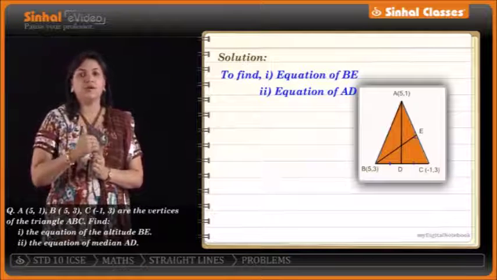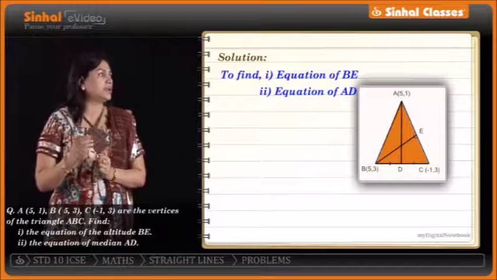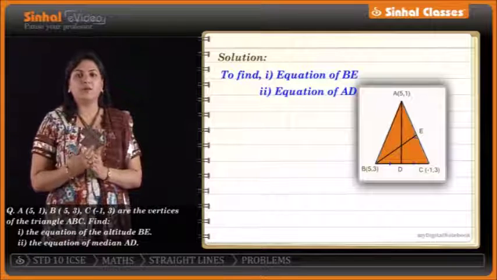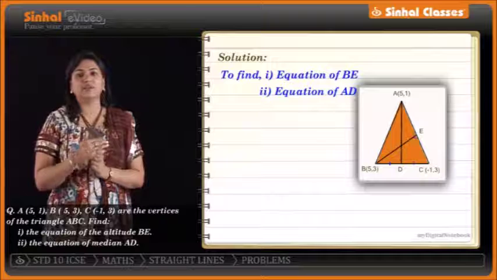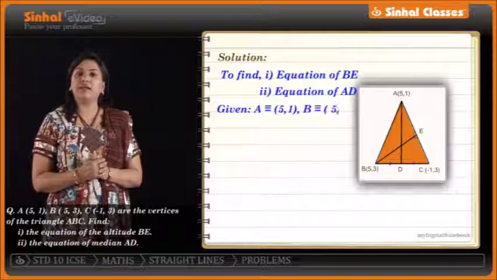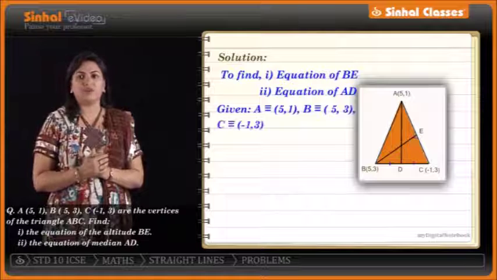Now we know BE is perpendicular to AC. So we will first find the slope of AC. We are given the coordinates of A and C as 5, 1 and minus 1, 3.